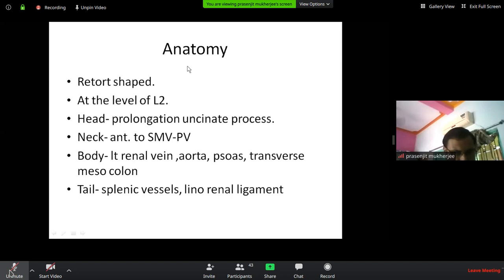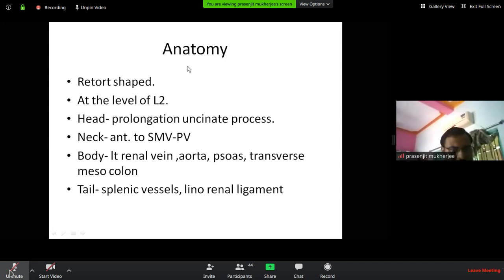The body of the pancreas overlies the left renal vein, aorta, psoas major muscle, and transverse mesocolon. All of them have importance. I will be describing later why these are important. And the tail lies close to the lienorenal ligament, and the splenic vessels are very close to the tail.